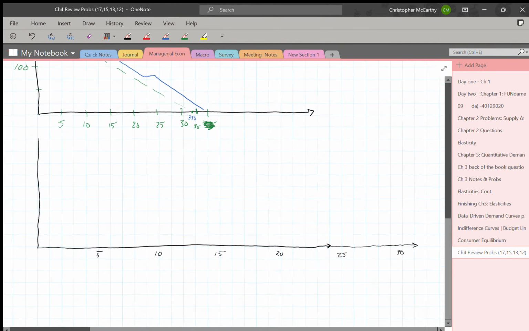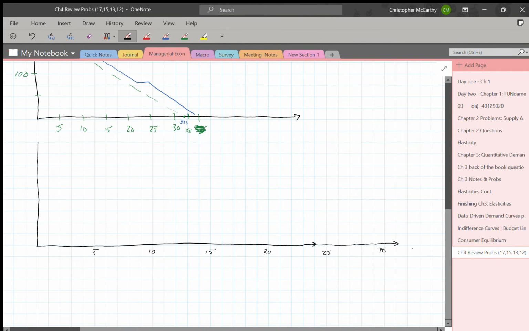I just can't get the scale right. 1, 2, 3, 4. So that's our 35. Well, we're going to need to actually extend a little past that.